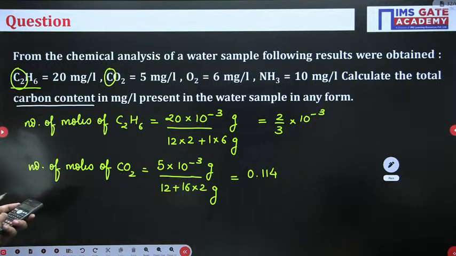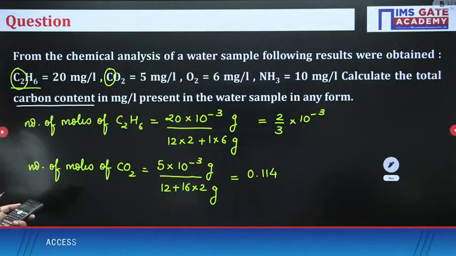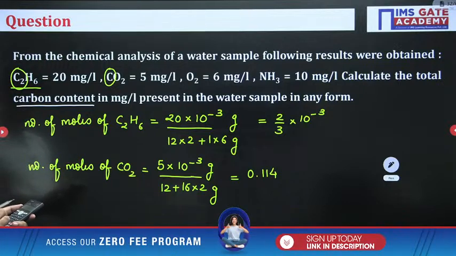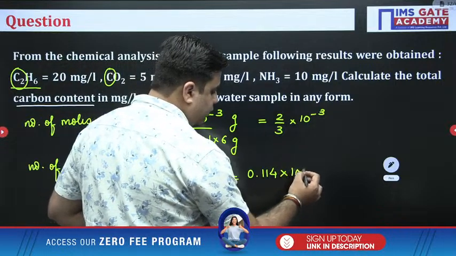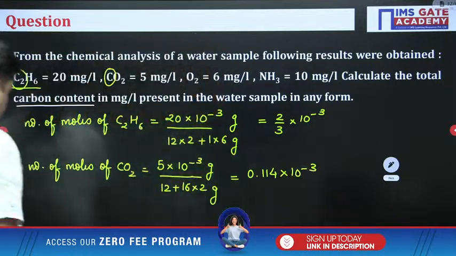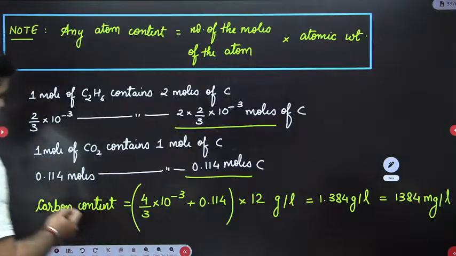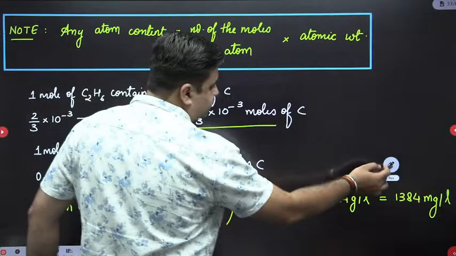So 5 by 44. Okay, here 10 raised power minus 3 is also there. So here also there will be 10 raised power minus 3.